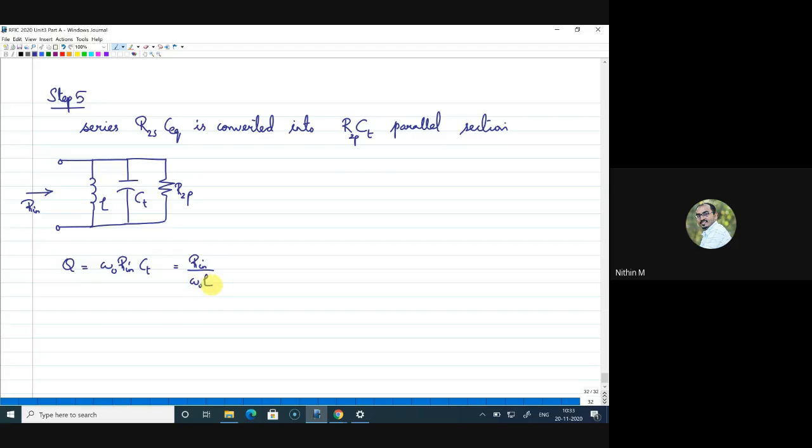This we have already taken. We have written it as the first step, right? Now, what is this Rin? Rin is the same as R2P, and that is the same as R2S into 1 plus Q2 square, isn't it?